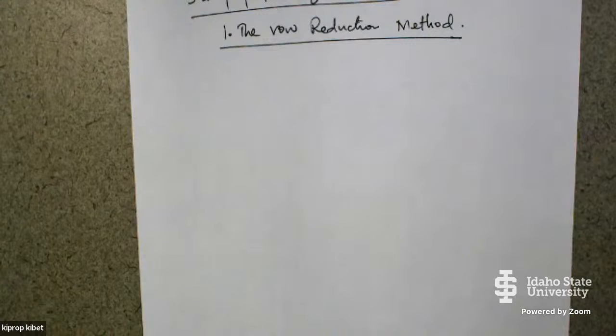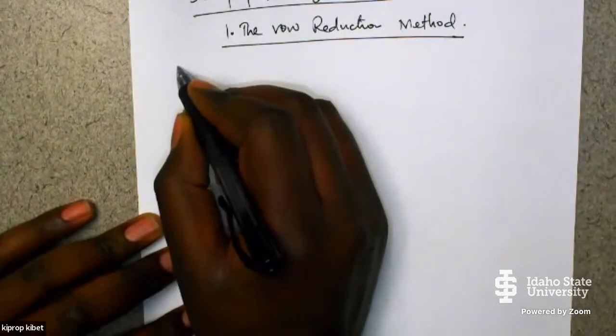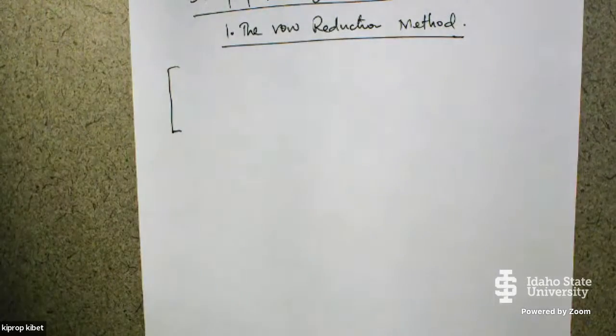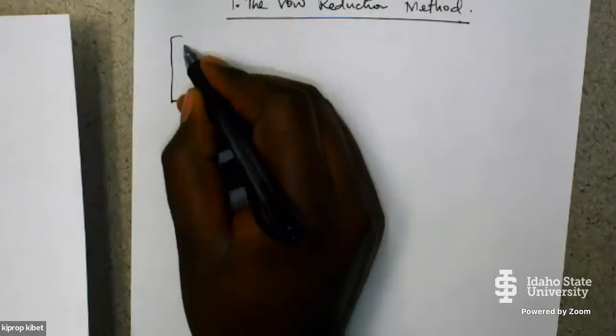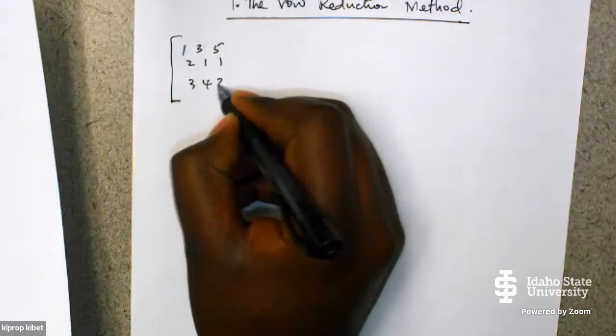So at the start of this semester, we were given a matrix, and we reduced the matrix to echelon form. Let's say we had this matrix here: -3, 5, 2, 1, 1, 1, 3, 4, and 2.